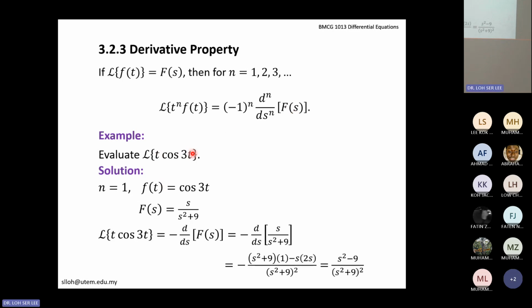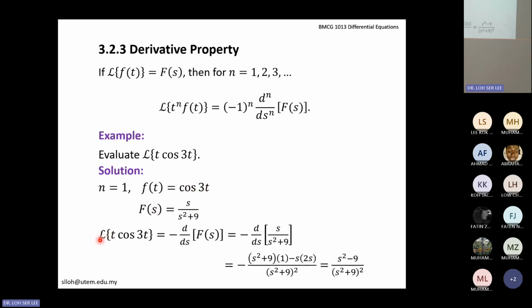Now we look back at this. n is 1, f(t) is cos 3t. So we need this F(s), so we Laplace transform this f(t) to get F(s). So cos 3t, you get this one.